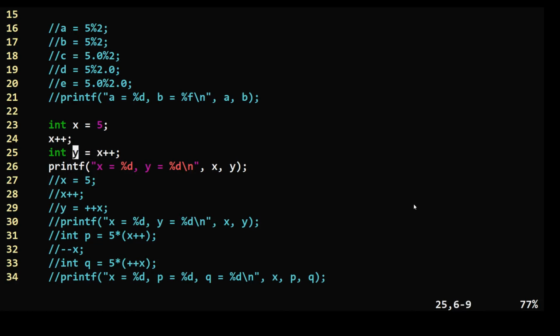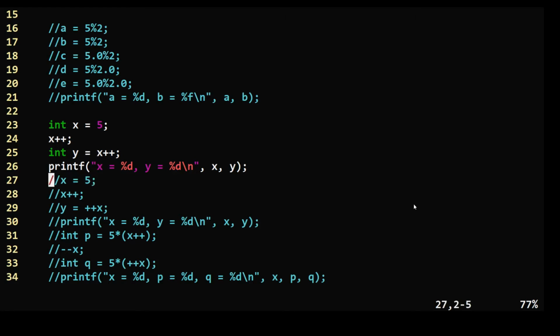Now y is given the value of x and then x is incremented. So that's why it's postfix. We have a suffix of plus plus, and what that means is that after everything is evaluated, after the assignment is done, then this thing is incremented.